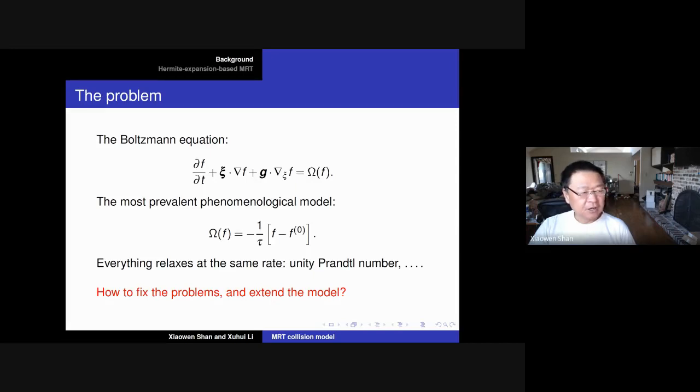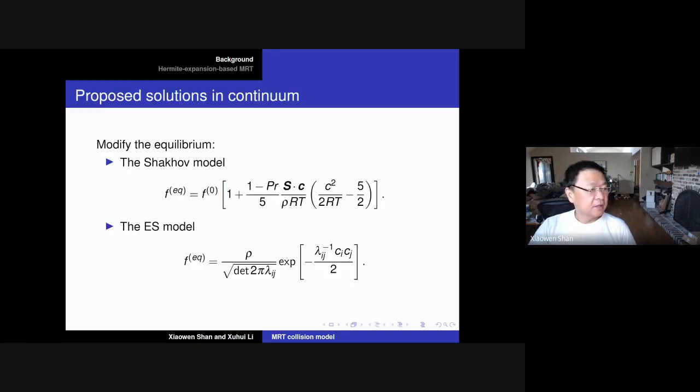The motivation of this work is how to solve this problem, so that we can extend the model to more flexible applications. So this is actually a kinetic theory problem, and it's a problem with the BGK. In the past, there were a few modifications proposed a long time ago. And the most well-known one is perhaps the so-called Shakov model.